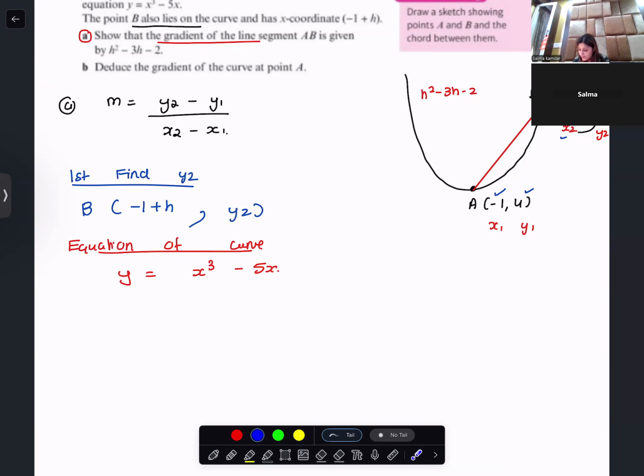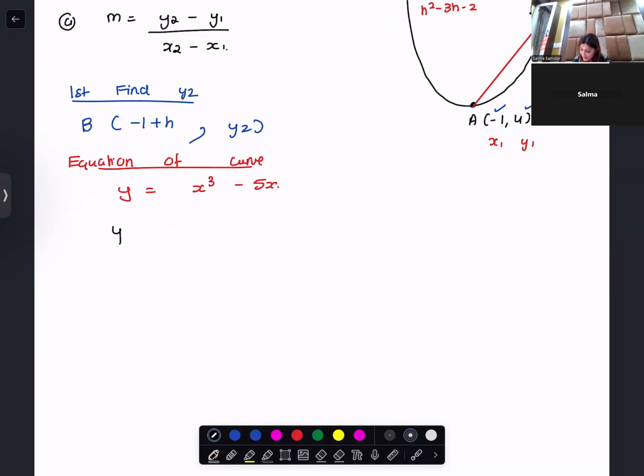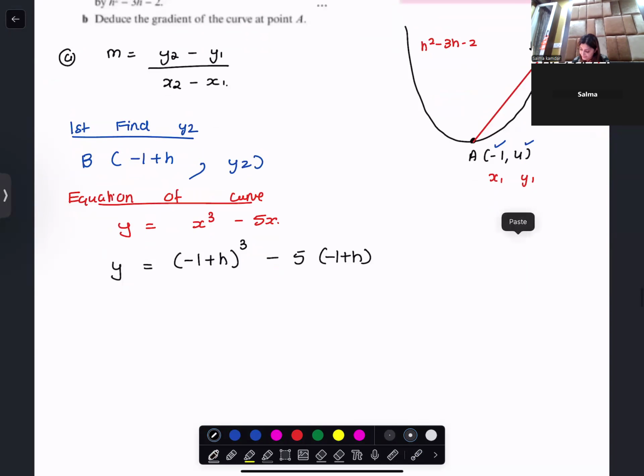So to find y2, in the equation of the curve, I will substitute the x coordinate of B. So y is equal to minus 1 plus h the whole cube minus 5 into minus 1 plus h.